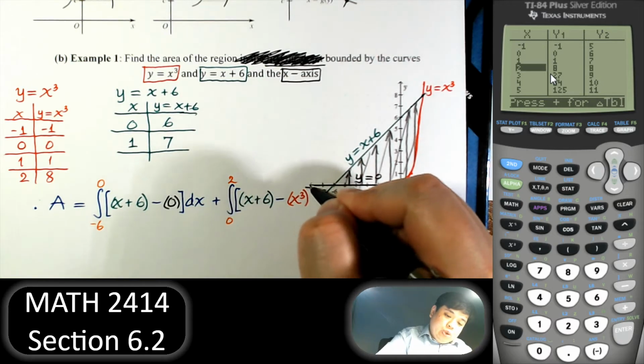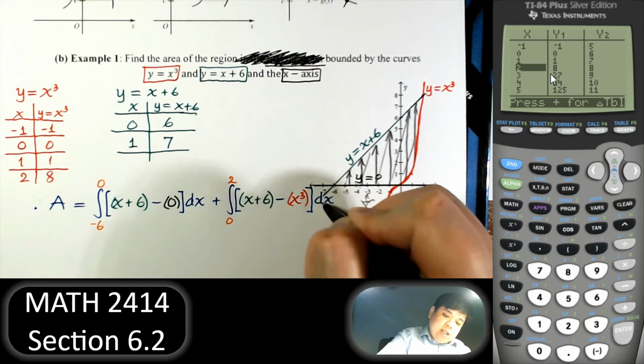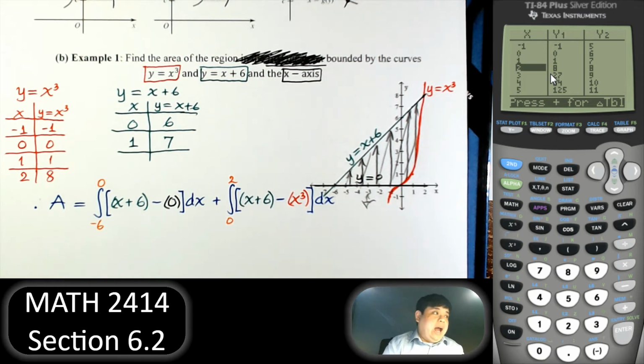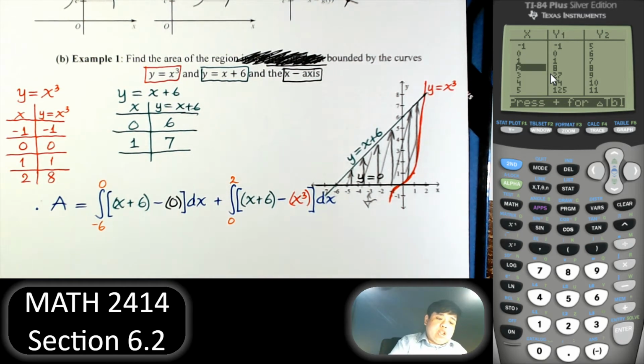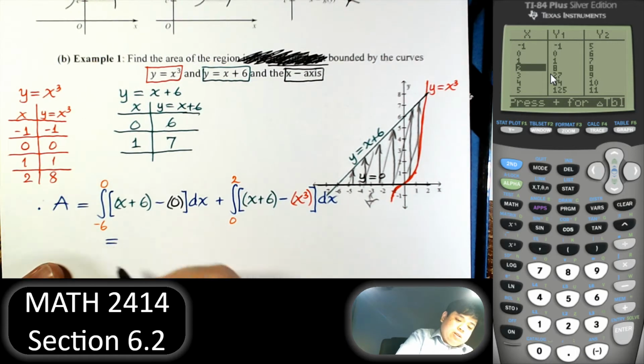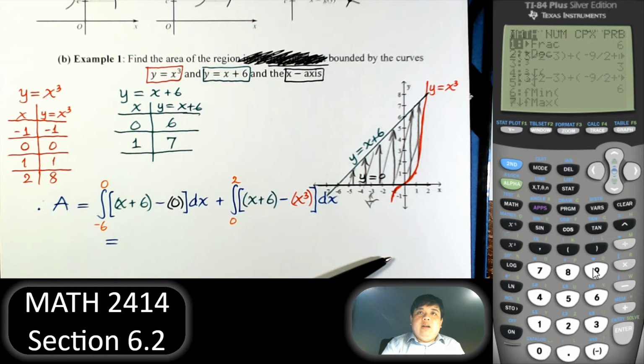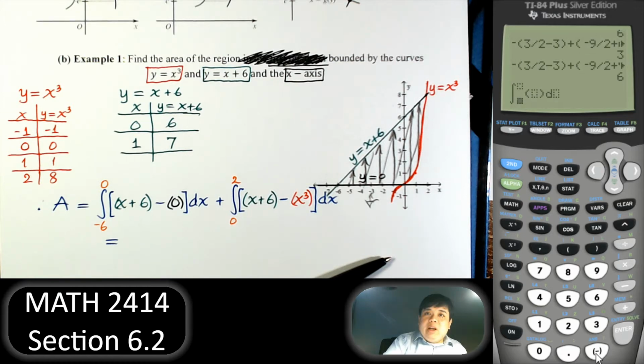So if we're going to use dx, we have to split the integrals because there are two limits at the bottom. So let's just do that quickly and see what we have. We go from -6 to 0, and integral just x plus 6.